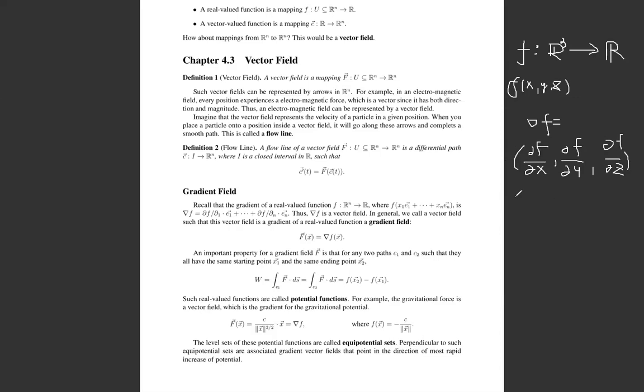As a vector, in terms of standard basis, that would be partial f of partial x times i plus partial f of partial y j plus partial f of partial z k.